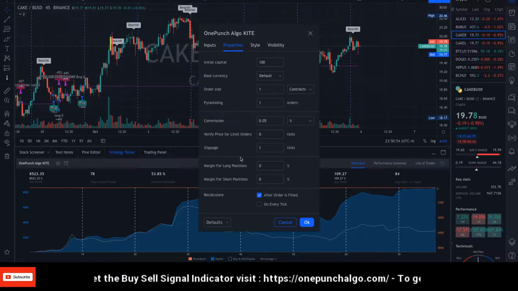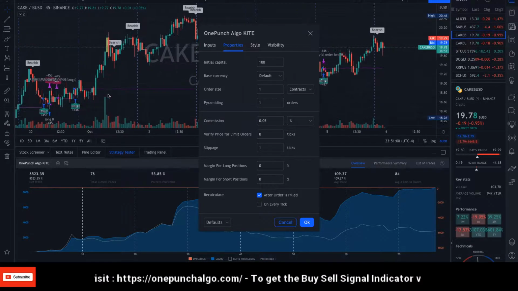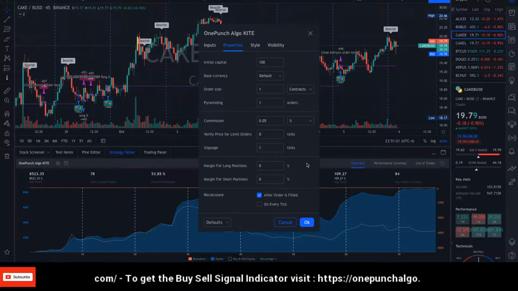Slippage is introduced just in case there is a market sell or a market buy, and there is a small difference in pricing from what is shown in the TradingView account, right? I normally keep it at 0, but just to be conservative, you can put 1. Let's just go with 1 here.